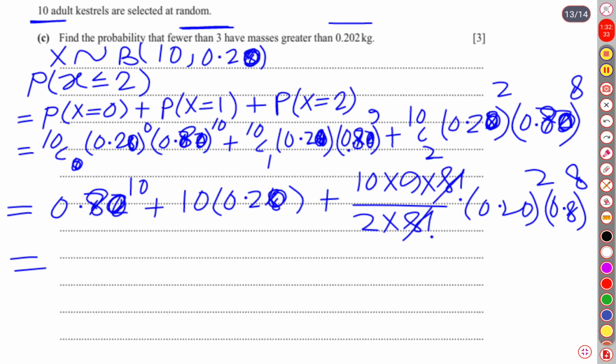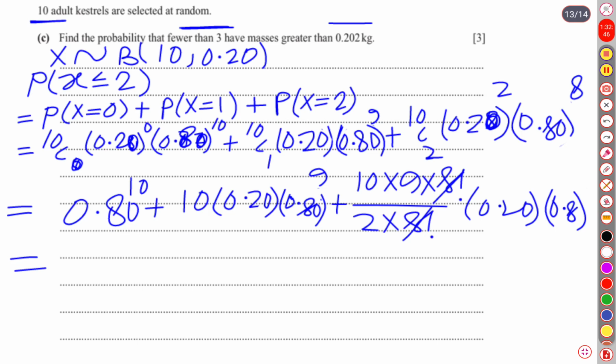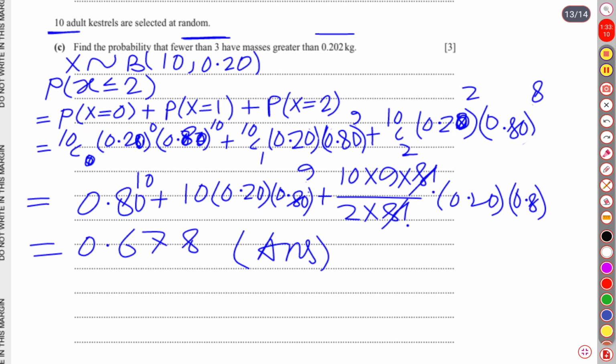Using our calculator we get the final probability as 0.678. So this is the probability that fewer than 3 birds have mass greater than 0.202 kg. That's all about the solution to the final part of this question.